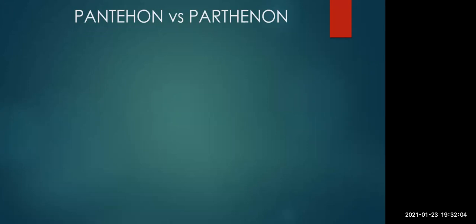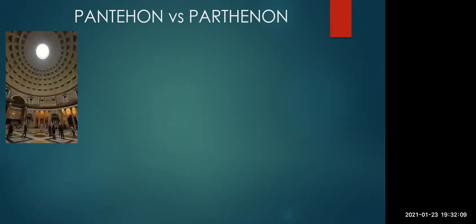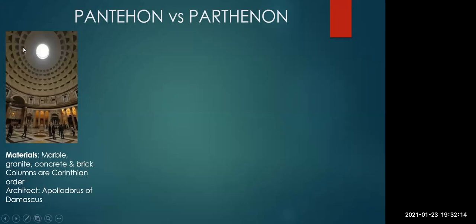Okay. So both the Pantheon and the Parthenon were designed to be temples. The Pantheon is in Rome, which is in Italy. It has a square plan, and it has one of the biggest brick domes in the world, and it has this feature on top.